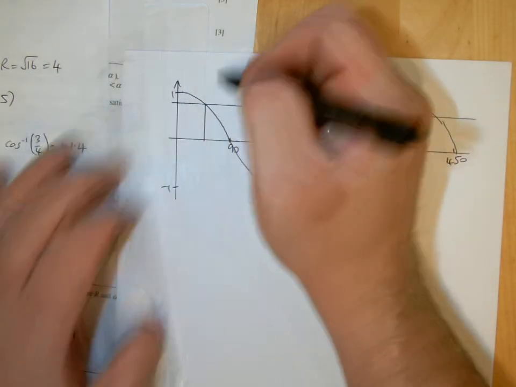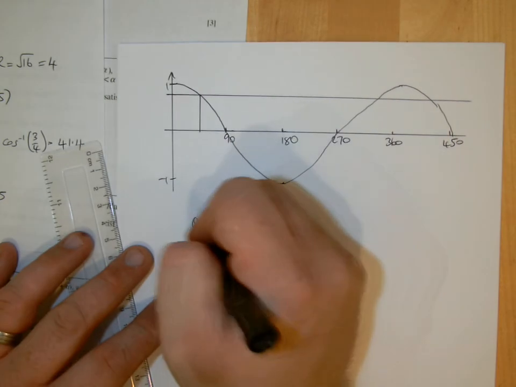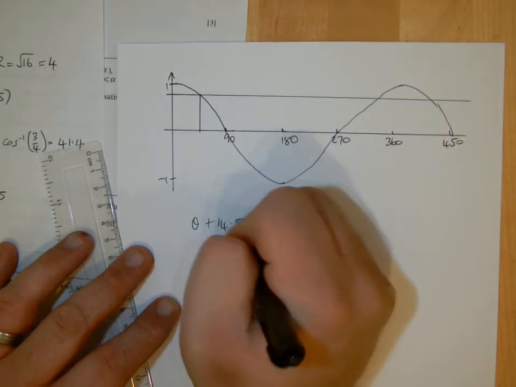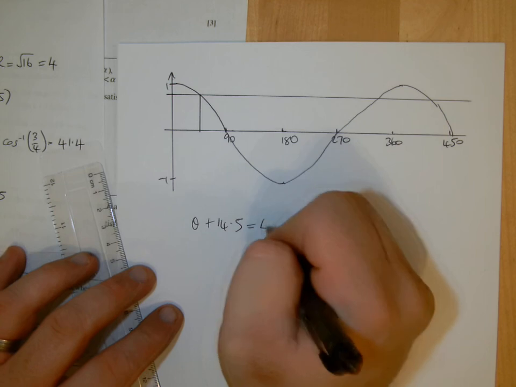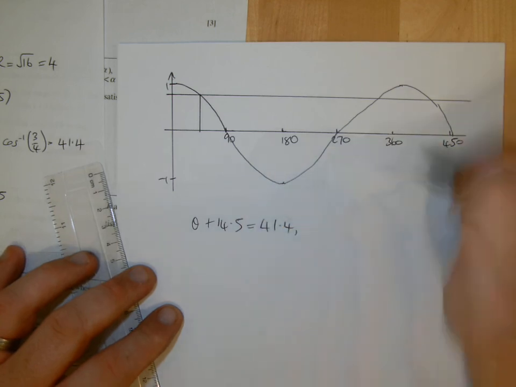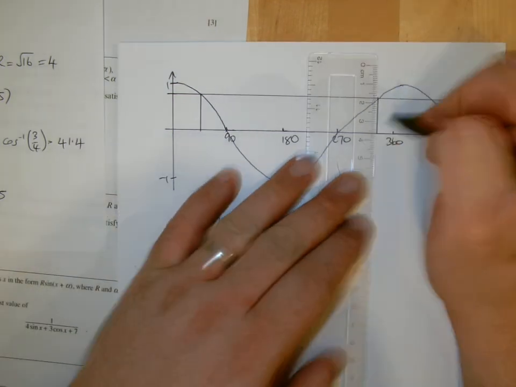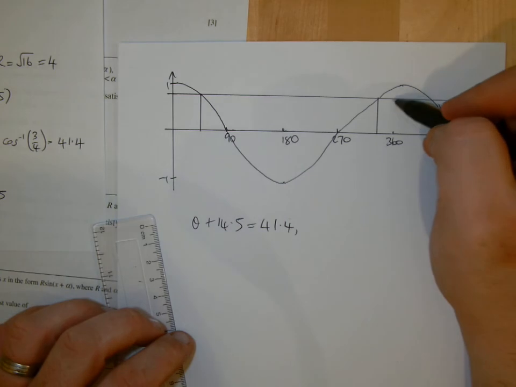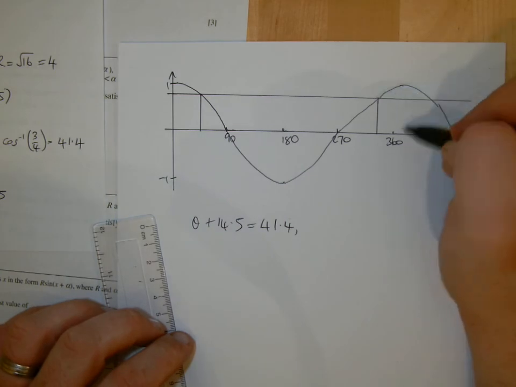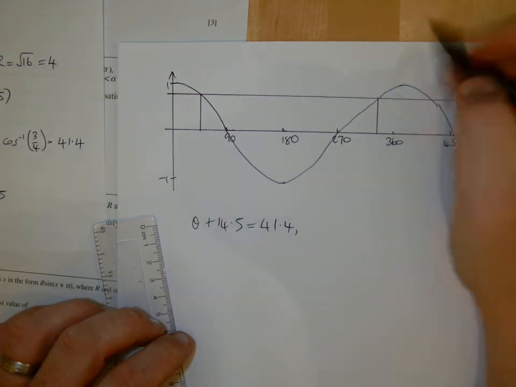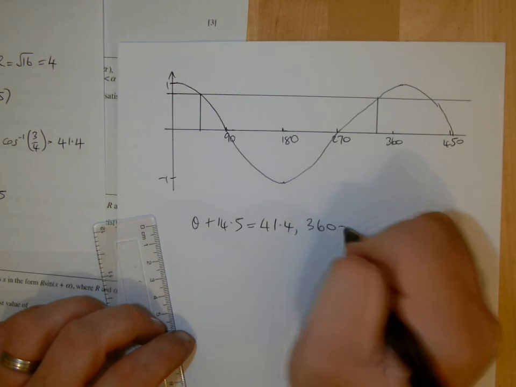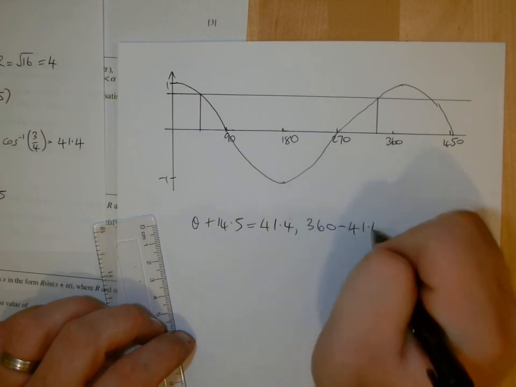So we've got the first solution there. So basically theta plus 14.5 will equal 41.4, which is what we found. To get that solution there, because of symmetry, it's going back from 360. My graph's a little bit off here, but it's 360 minus 41.4.